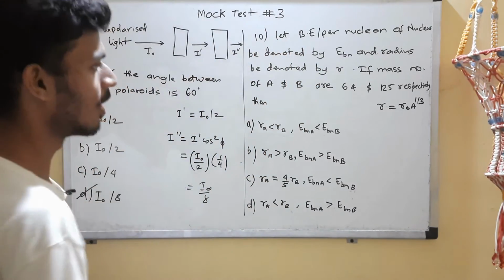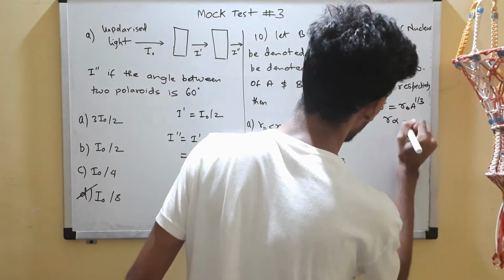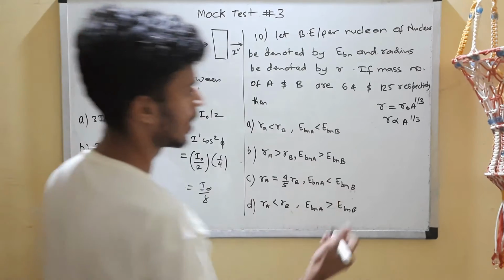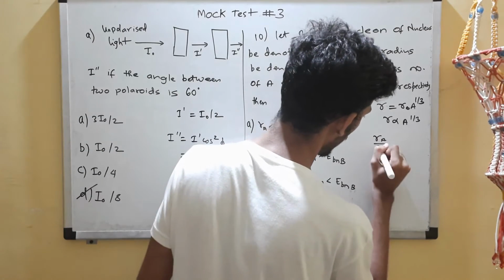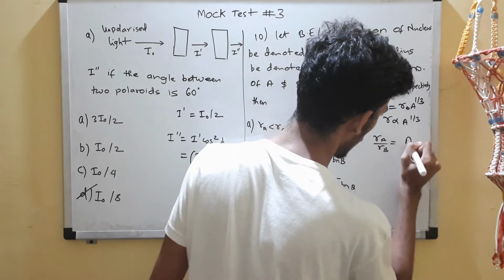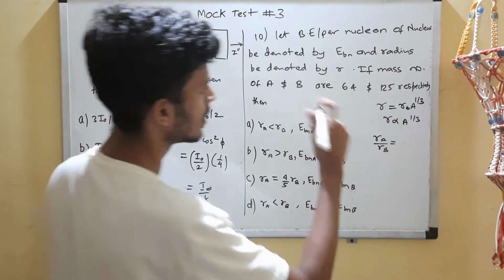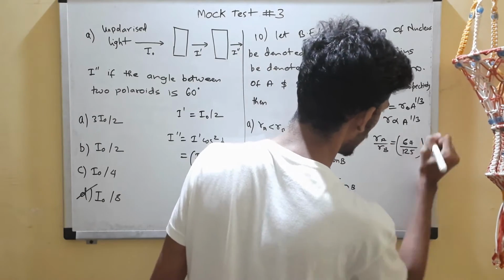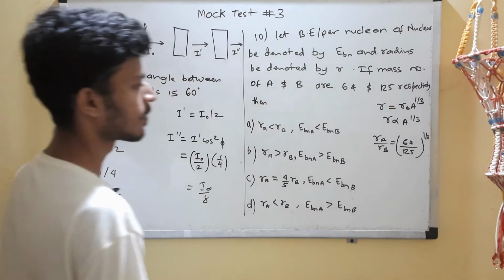Or you can directly say r is proportional to A to the power 1/3, where A is the mass number. So radius of A divided by radius of B will be nothing but the mass number of A, which is 64, divided by the mass number of B, whole raised to 1/3, right?